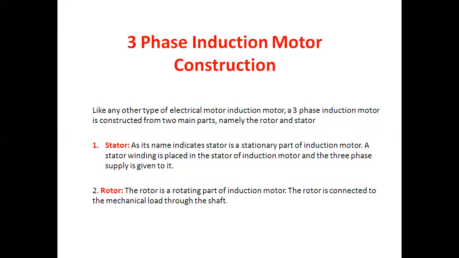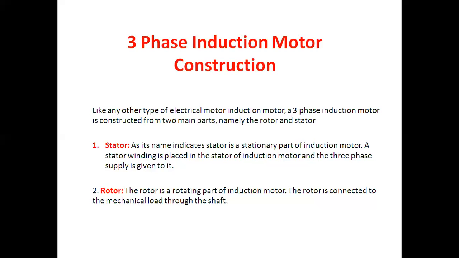As the name indicates, the stator is the stationary part of an induction motor. A stator winding is placed in the stator of the induction motor, and the three-phase supply is given to it.